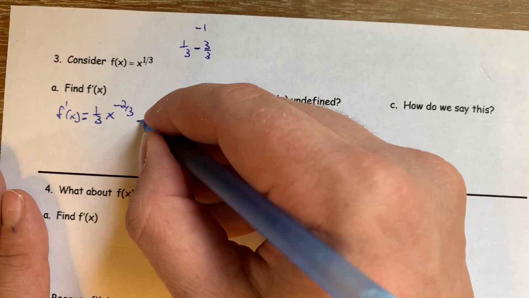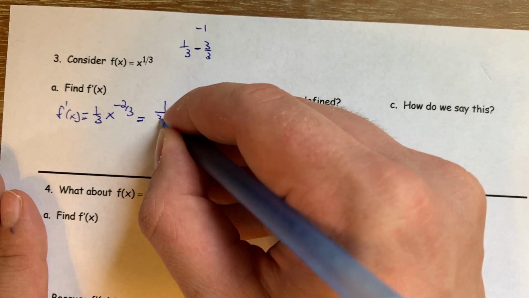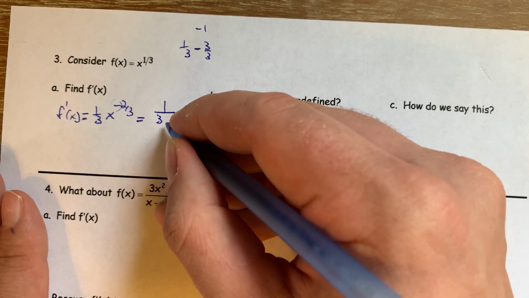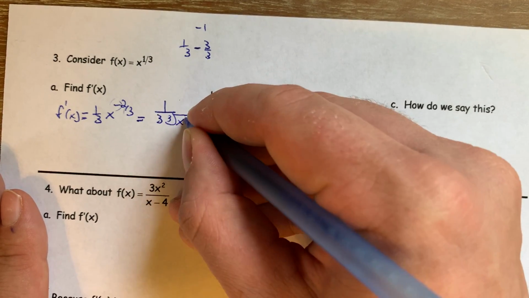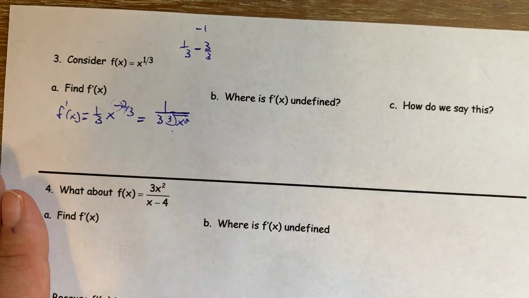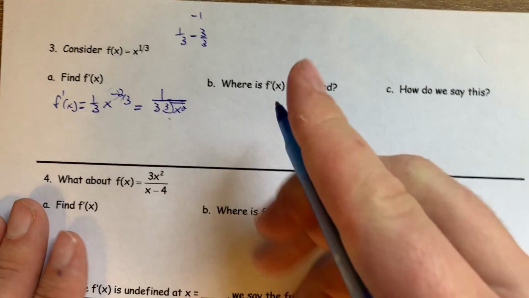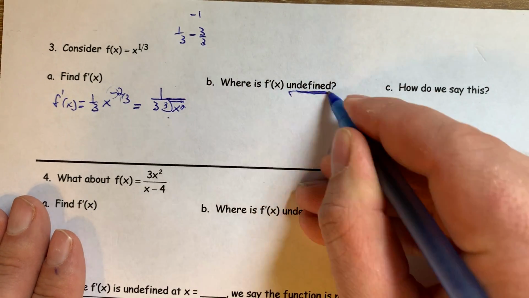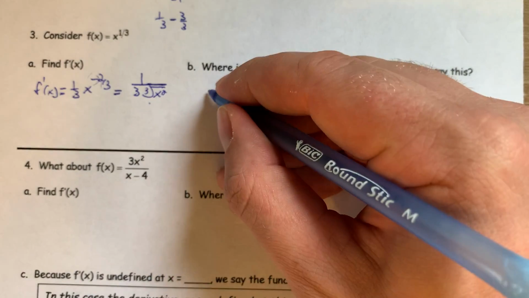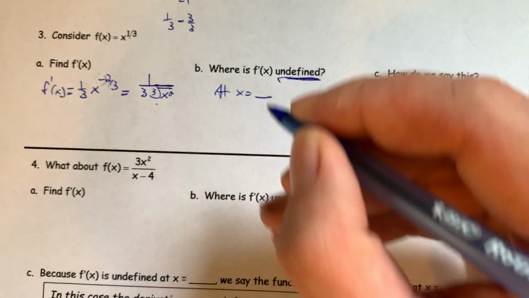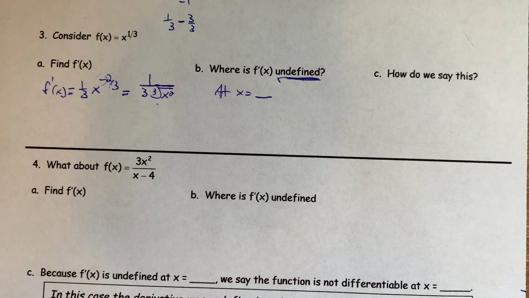Now I'm going to rewrite this and simplify it. This is 1/3. It's a negative exponent, so it's in the denominator. This is the cube root of x squared. So this is how we write it. Where is the derivative undefined? What value of x would make this derivative undefined?